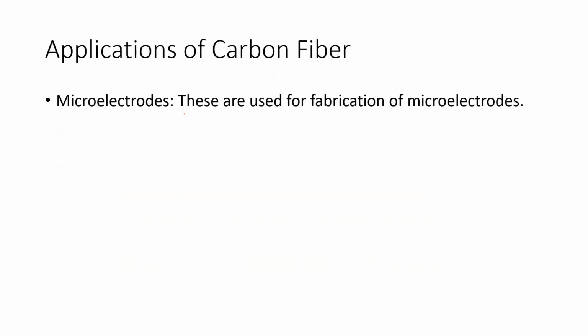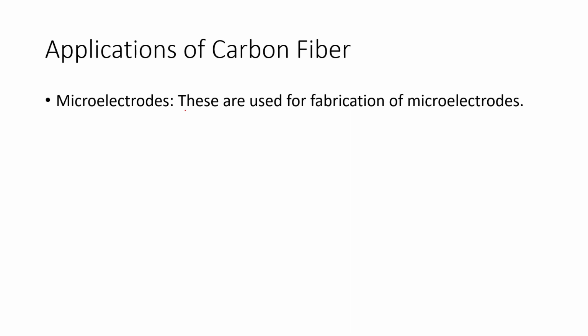Now the few other applications, that is the microelectrodes. Carbon fibers are used for fabrication of carbon fiber microelectrodes. In this application, typically a single carbon fiber with a diameter of 5 to 7 micrometers is sealed in a glass capillary, and at the tip the capillary is either sealed with epoxy and polished to make a carbon fiber disc microelectrode, or the fiber is cut to a length of 75 to 150 micrometers to make a carbon fiber cylinder electrode.